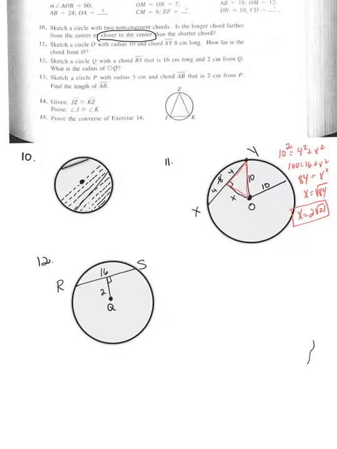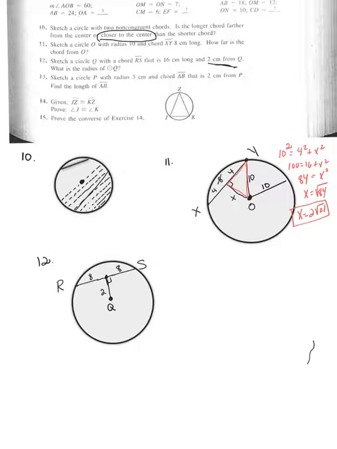It's still going to work out. Now remember, when it says that it's 2 centimeters from Q, that means it has to be a perpendicular distance. So it's okay for me to put that perpendicular in there. And also that 16 is now cut in half, isn't it? So it's really an 8 and an 8 now.